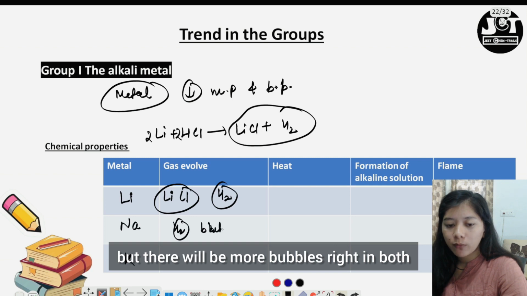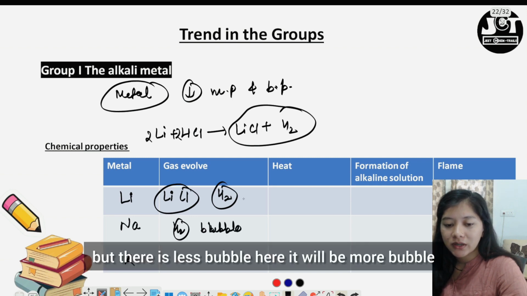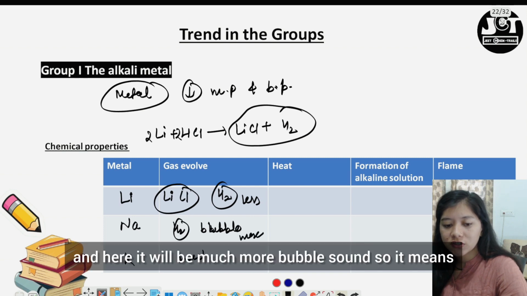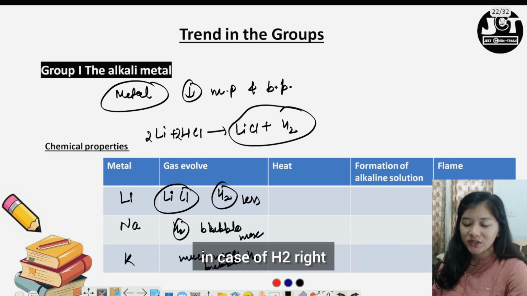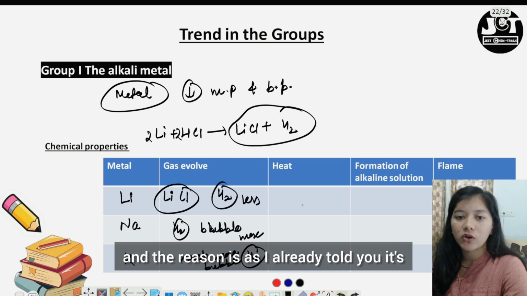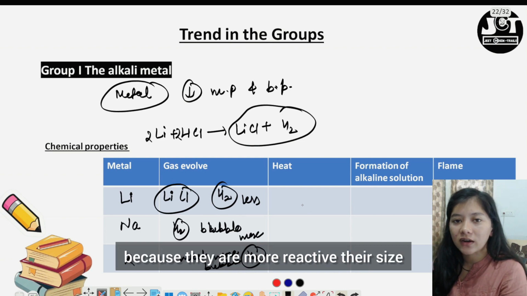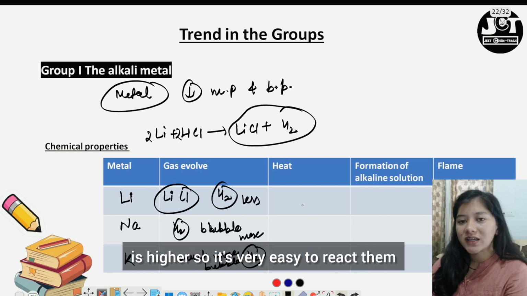In both cases bubbles are there, but here there is less bubble, here it will be more bubble, and here it will be much more bubble sound. So the hydrogen production will be higher, and the reason, as I already told you, is that they are more reactive. Their size is higher, so it's very easy for them to react.